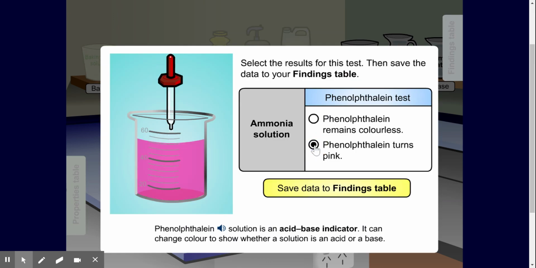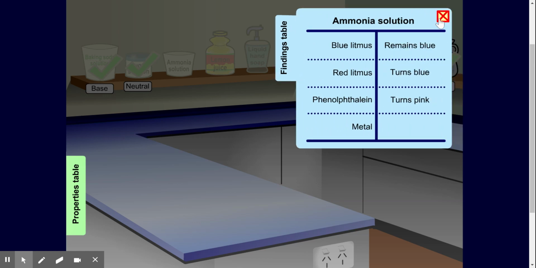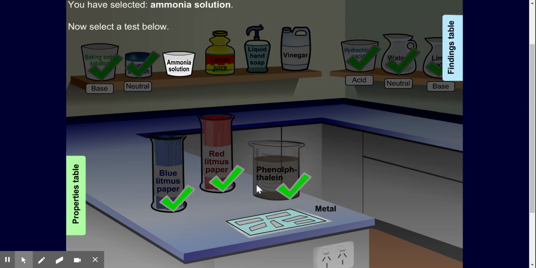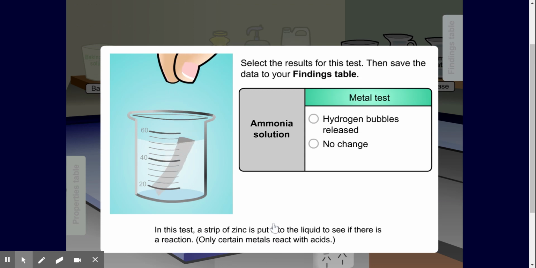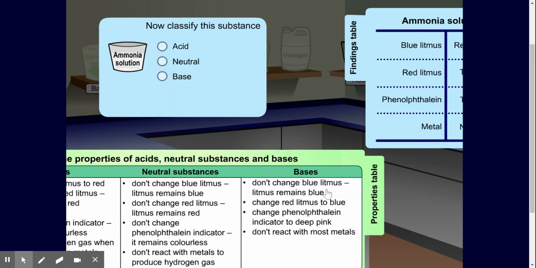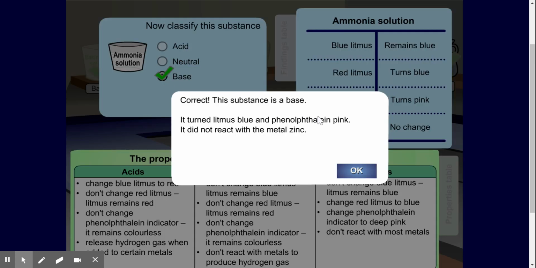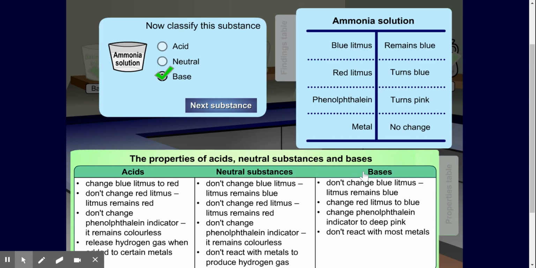We see it turns pink. And then we go to our metal. There was no change. So then we classify this: since it turned red litmus paper blue and phenolphthalein pink, that makes it a base. Then we go to the next.